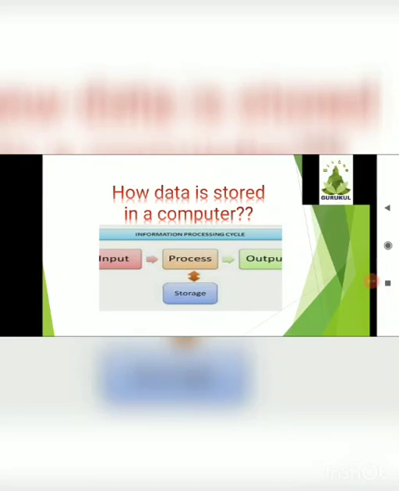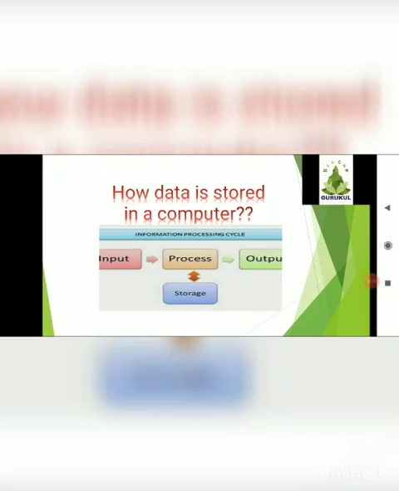All the data that we are giving has to be converted to numbers, in the form of zeros and ones. The combination of zeros and ones is known as the binary code. The binary code always has two numbers, that is 0 and 1.